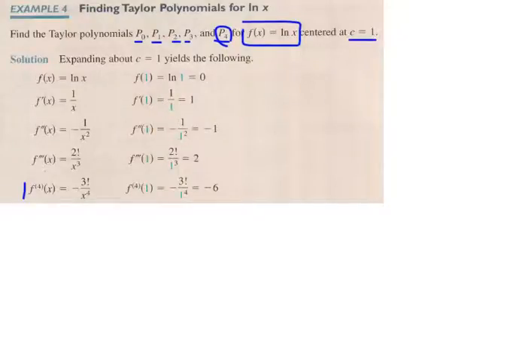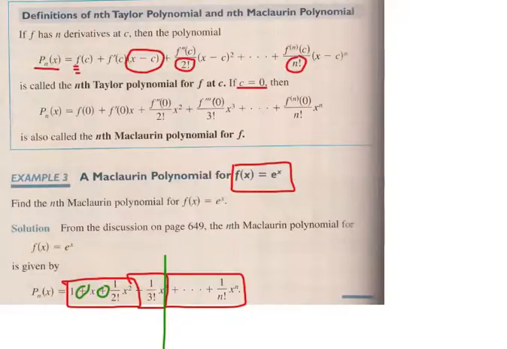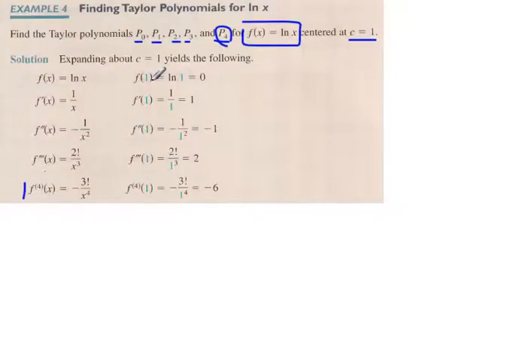Anyway, then if you remember the theorem up here, let's go back to it. It said you had to plug in f of c, f prime of c, f double prime of c, and so on. So that's why they're doing this: f of c, f prime of c, f double prime of c, and they're getting these values right here, which are going to be the polynomial coefficients.